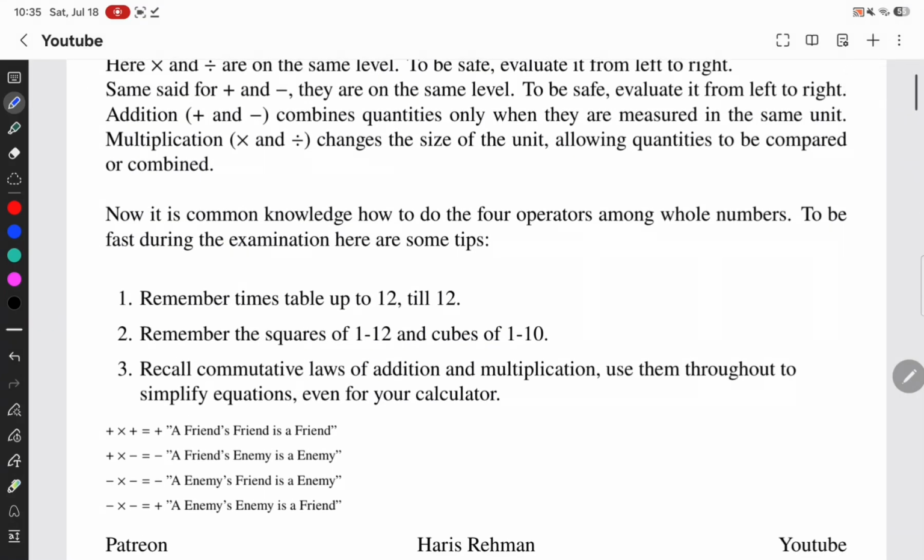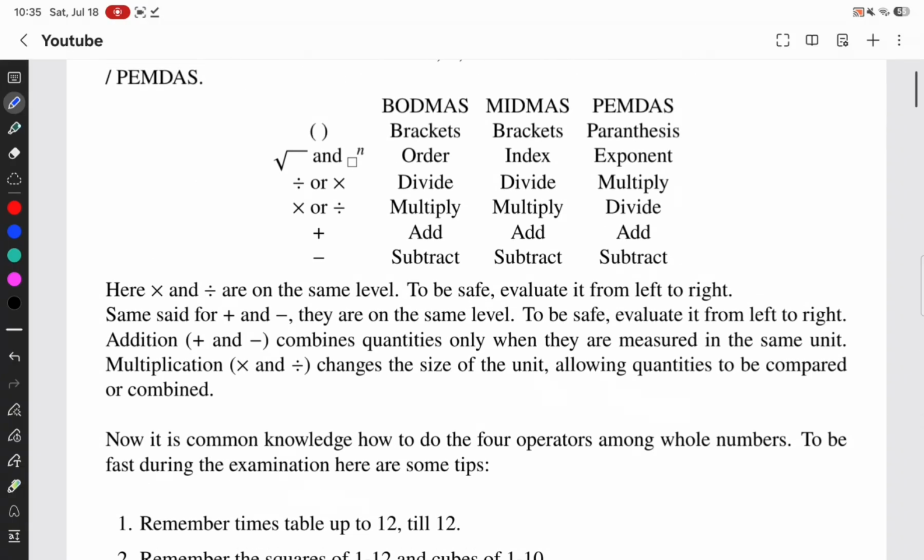Now, it is common knowledge that, before we go on, to be safe, evaluate from left to right. Remember, whenever you have an expression and all of the terms are of the same precedence, the same level, you can just evaluate it from left to right.